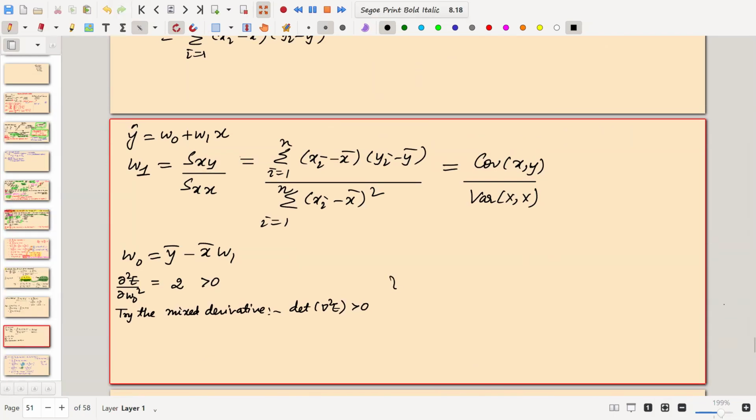So therefore, those w0 and w1 as above give us the minimized cost function E(w0, w1). Therefore, this is the regression line, that is, y cap is equal to w0 plus w1 x, with w0 this and w1 this, which gives us the best fit or the best estimate for the given set of data.